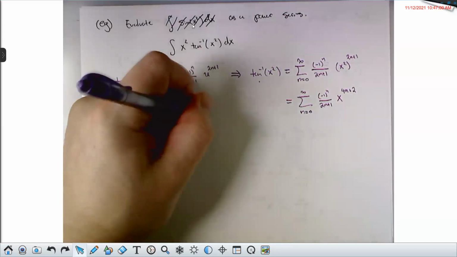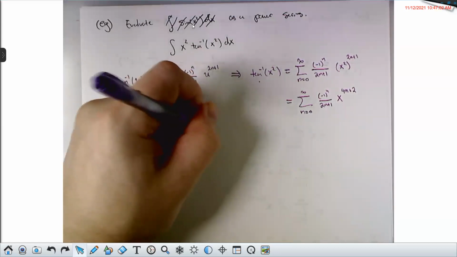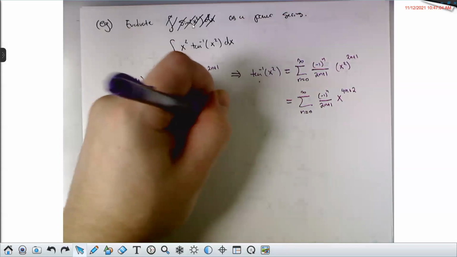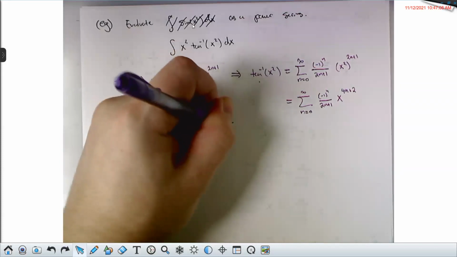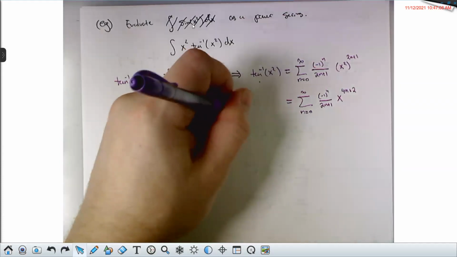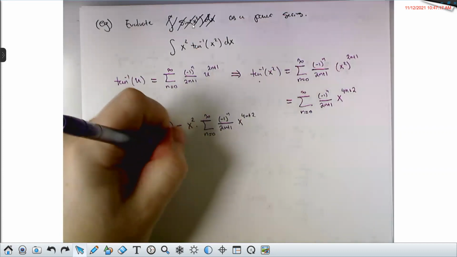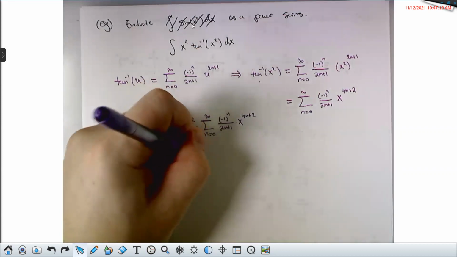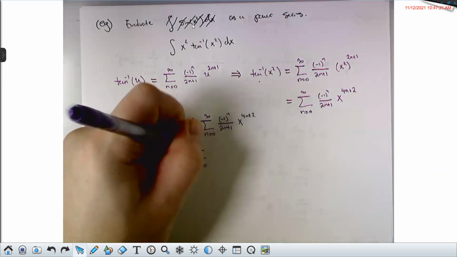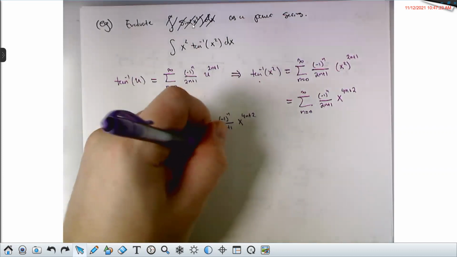So I'll take that power series and multiply by the x squared out front. As before, since that x squared has no n's in it, it can come in and out of the series freely.